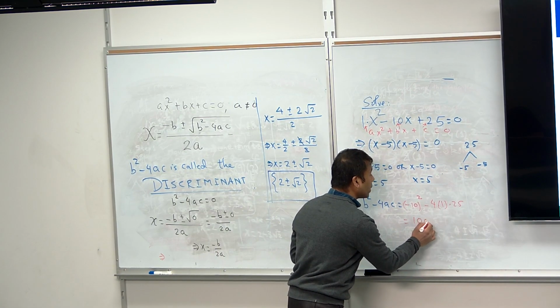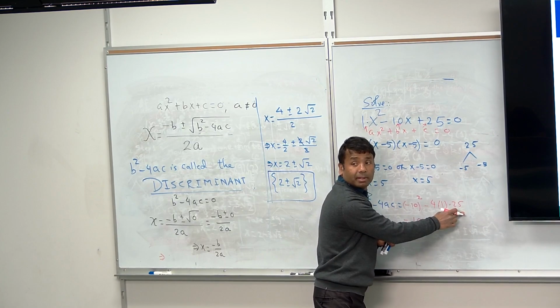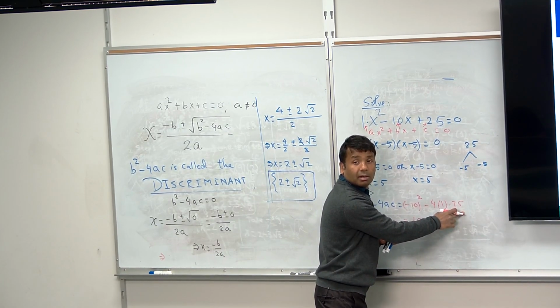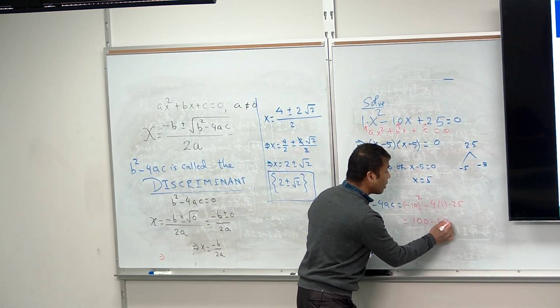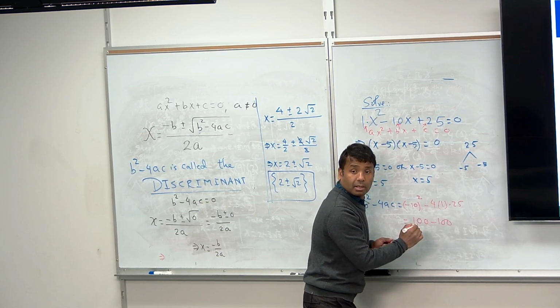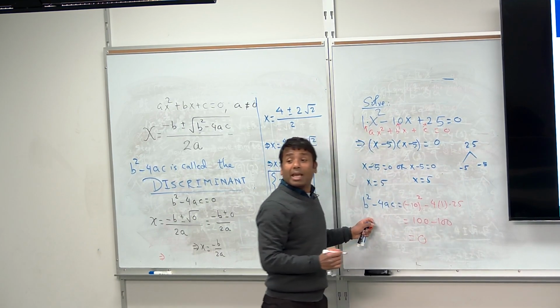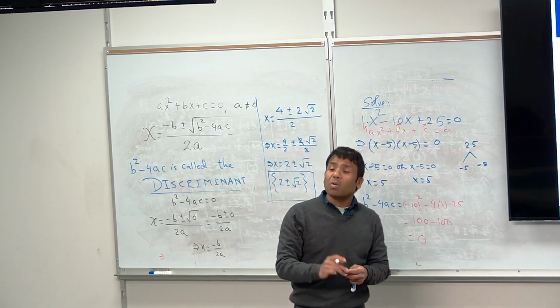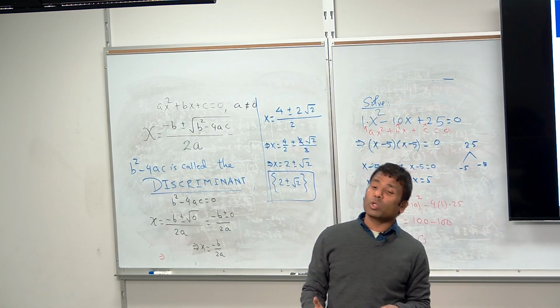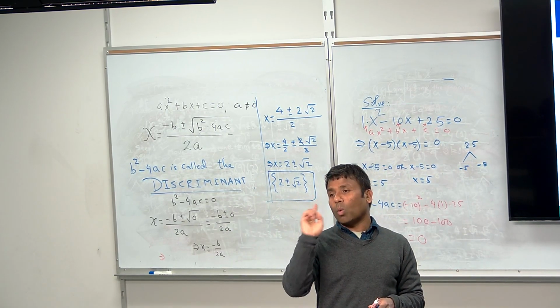So this is 100 minus, what is 4 times 25? 100. So what is 100 minus 100? 0. You see that? If the discriminant is 0, the quadratic equation will have only one solution.